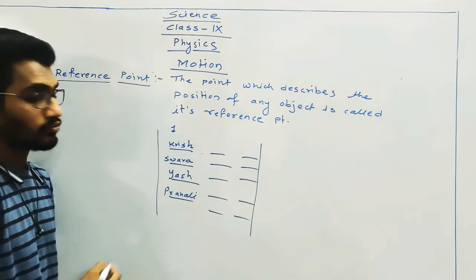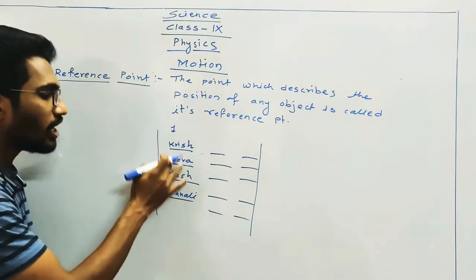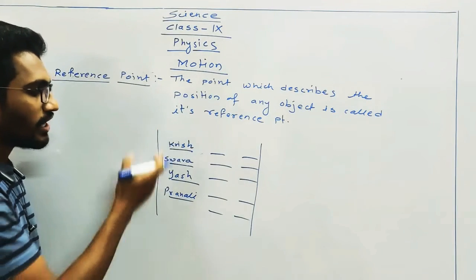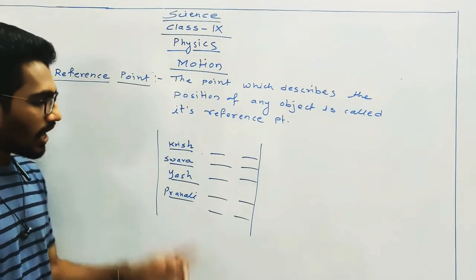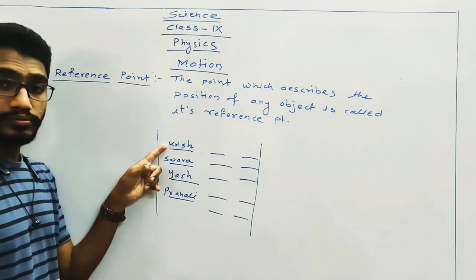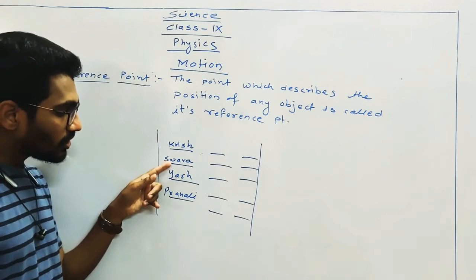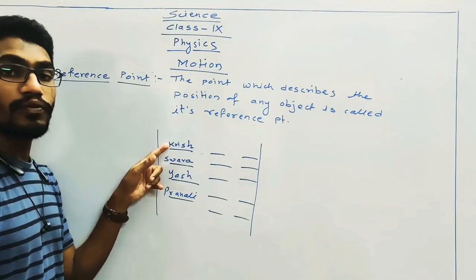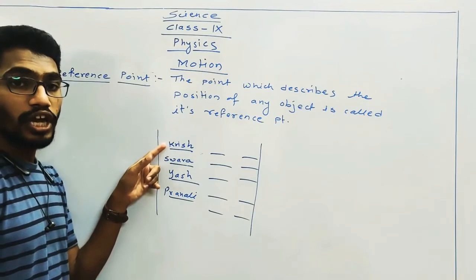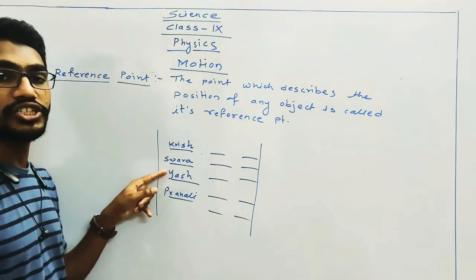First column, first bench, or with the help of the position of Swara, Krish said that I am sitting in front of Swara. Yes. What is the position of Krish? Sitting in front of Swara. And what is the position of Swara? Sitting behind Krish.